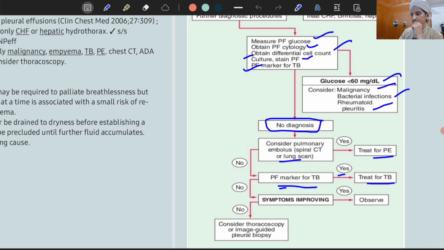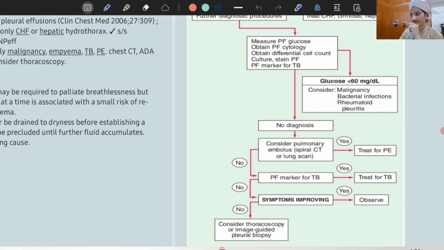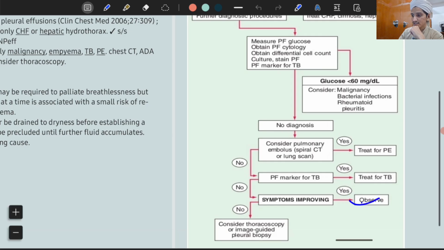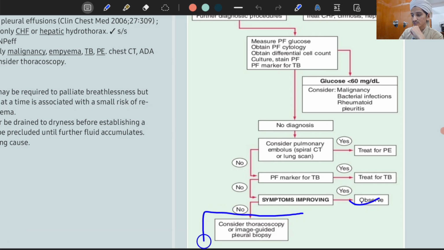If the symptoms are improving, then observe the patient. And if the symptoms are not improving, the last thing you do to diagnose a pleural effusion is thoracoscopy, either image guided or without image guidance. Okay, it can be closed or open. So that's all about pleural effusion.